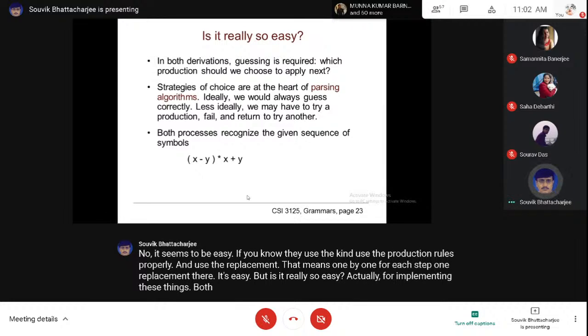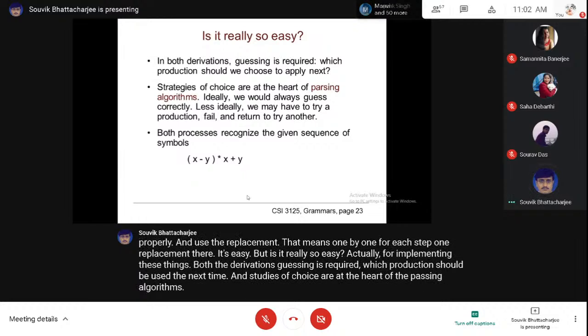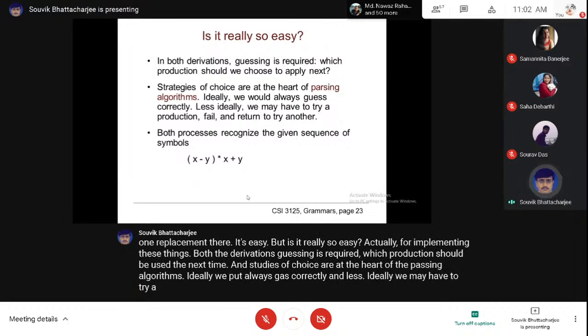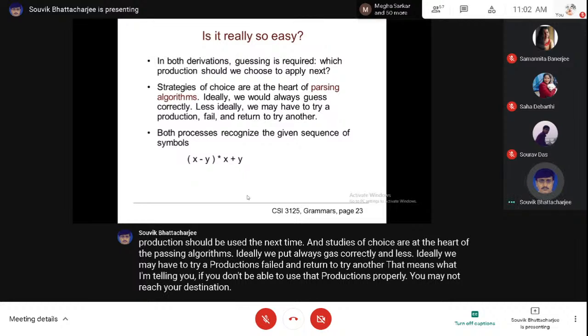In both the derivations, guessing is required. Which production should we use the next time? And strategies of choice are at the heart of the parsing algorithms. Ideally, we would always guess correctly, and less ideally, we may have to try a production, fail, and return to try another. That means if you are not able to use the productions properly, you may not reach your proper destination.